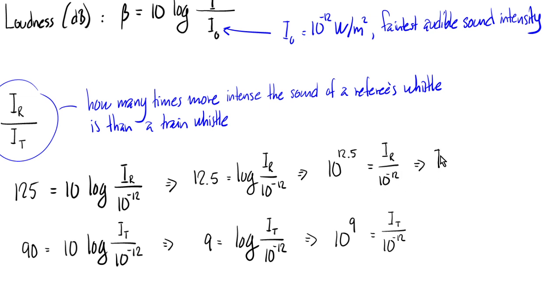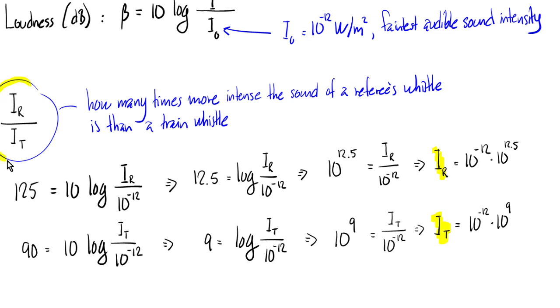So we're going to get I sub R equals 10 to the power of negative 12 times 10 to the power of 12.5. The sound intensity of the train equals 10 to the power of negative 12 times 10 to the power of 9. Now we have our expressions for the sound intensities of the referee's whistle and the train.